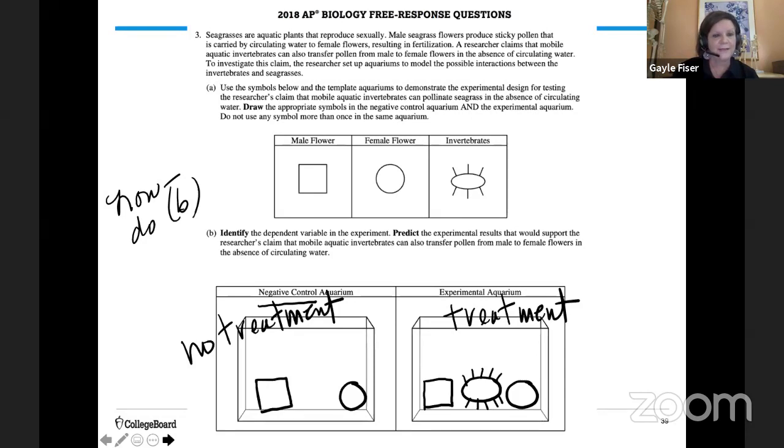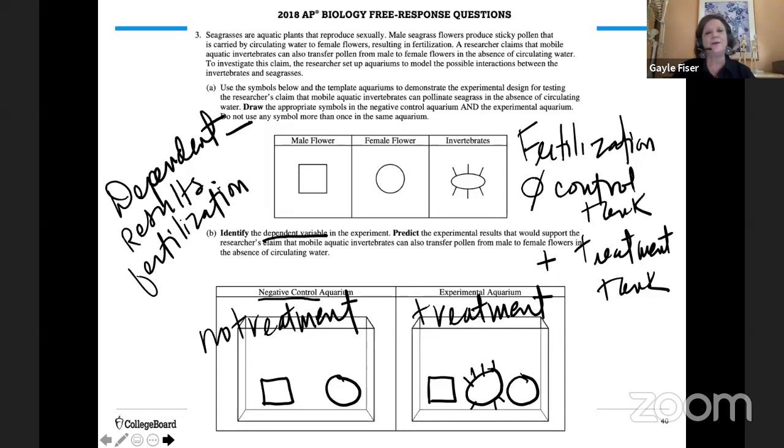Okay, let's take a look at B. All right, your dependent variable is the results, and that should be that fertilization occurs. What's going to happen is you should have no fertilization in the control tank and fertilization in the treatment tank.